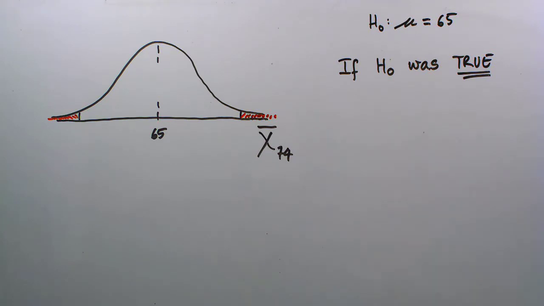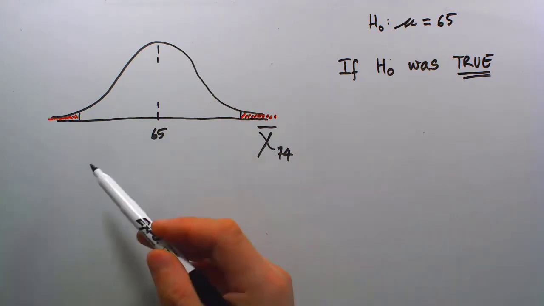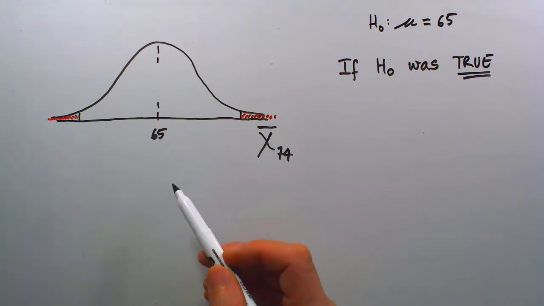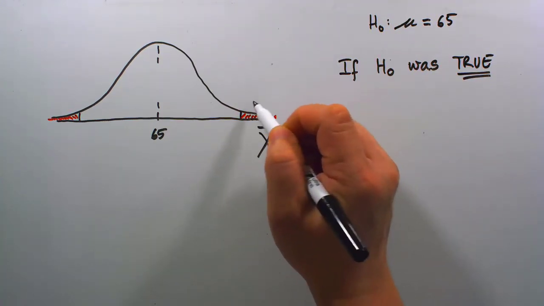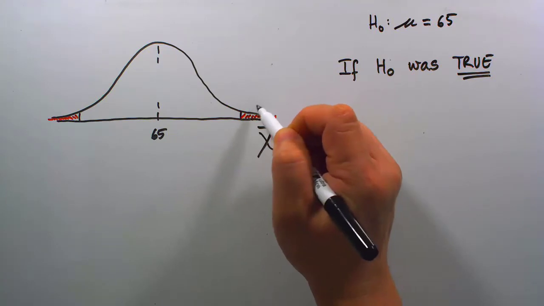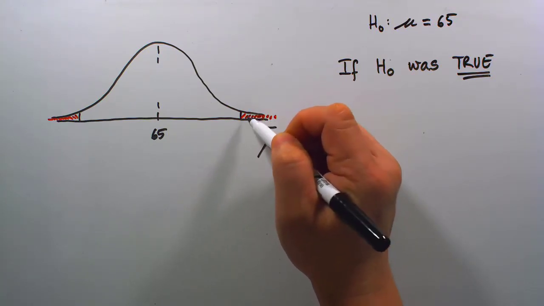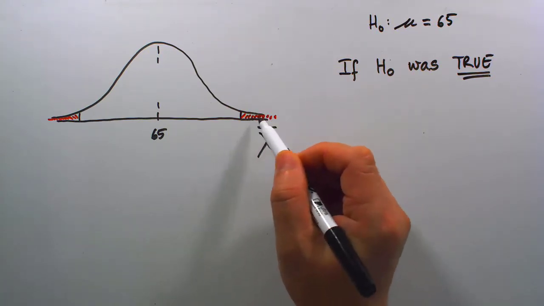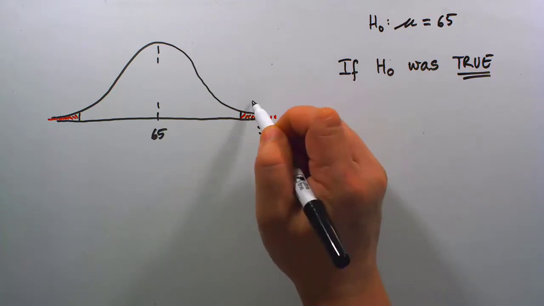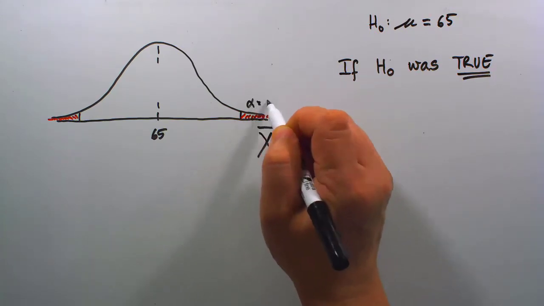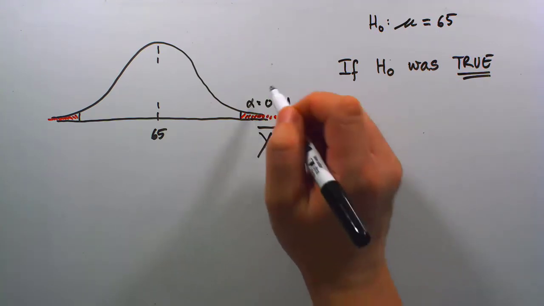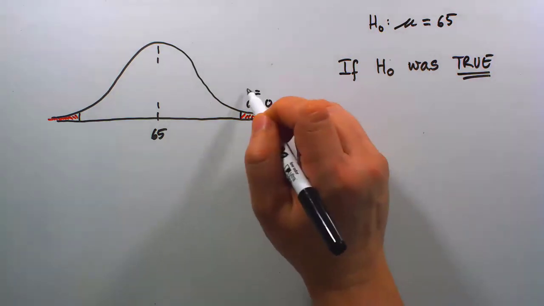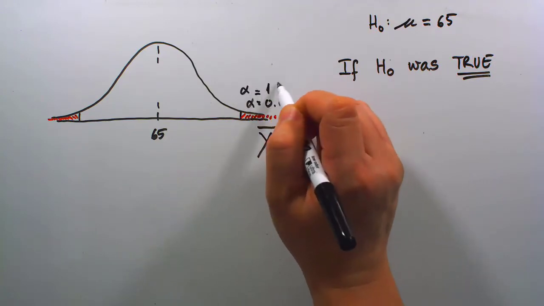And so from what we've learned previously, the significance level given in our problem is indicating that this right tail area being shaded in red right here, which we regard as the unlikely area, is only as large, as big as 0.01, or as a percentage, it means it's 1%.